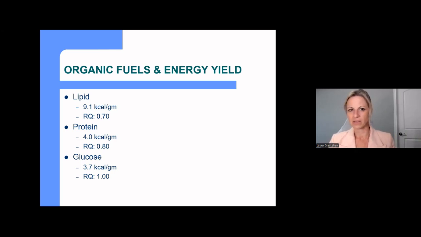In clinical practice, this becomes relevant because it helps guide our nutritional adjustments in our ICU patients, especially in mechanically ventilated patients. The values, which I'm sure all of you have seen before, are listed here. In general, glucose is the easiest one to remember because it has a respiratory quotient of 1. That comes from the literal mathematical equation for glycolysis.